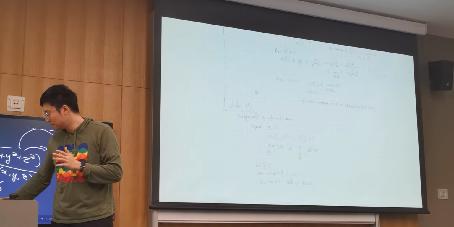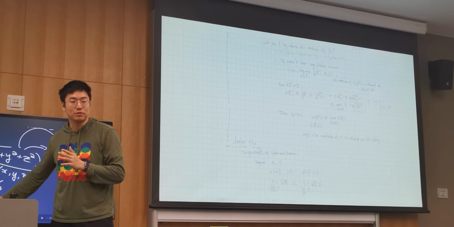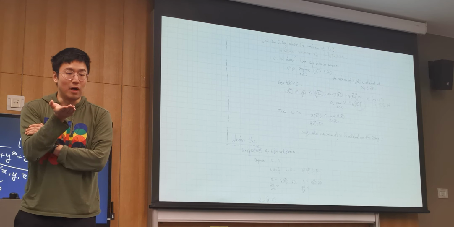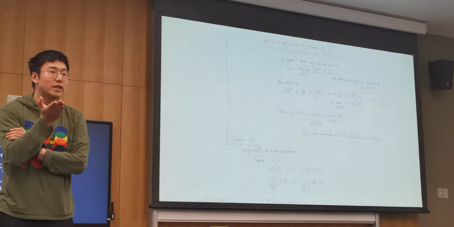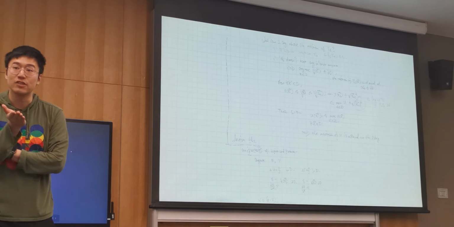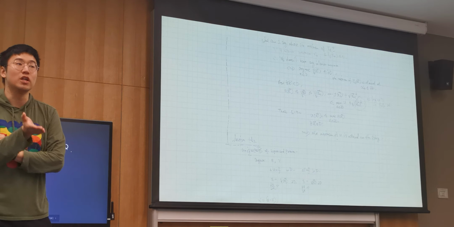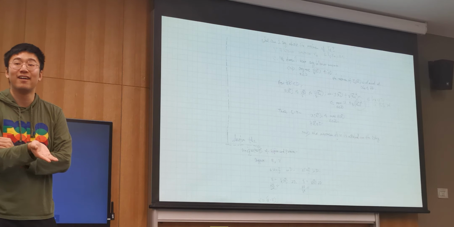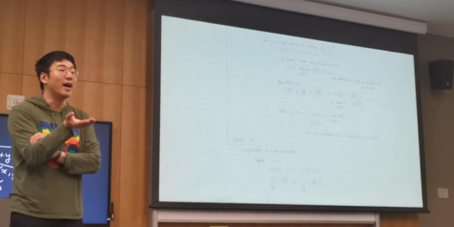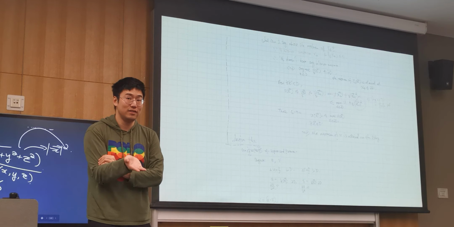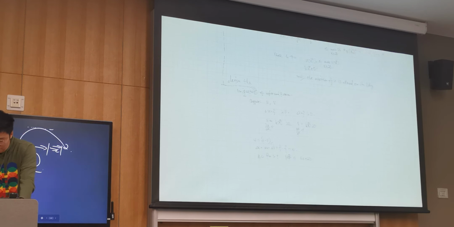According to the maximum principle, what can I say? The maximum and the minimum of a harmonic function can only be attained on the boundary. Now the boundary value is 0 everywhere, so w has to be 0 everywhere.